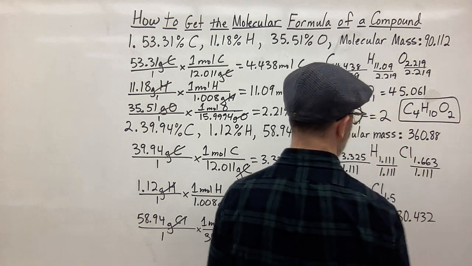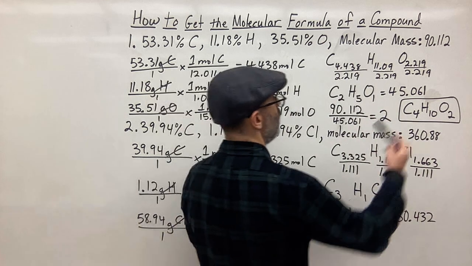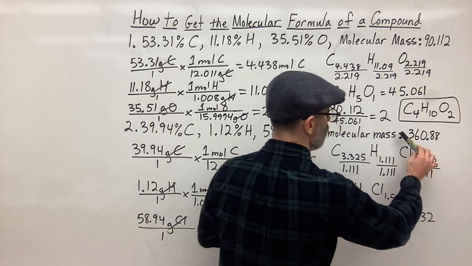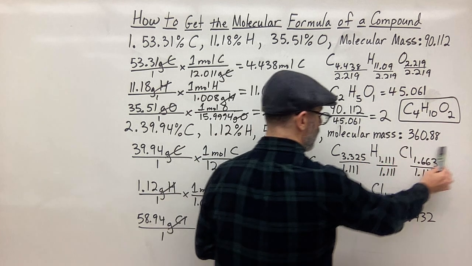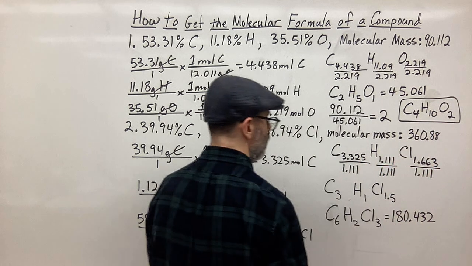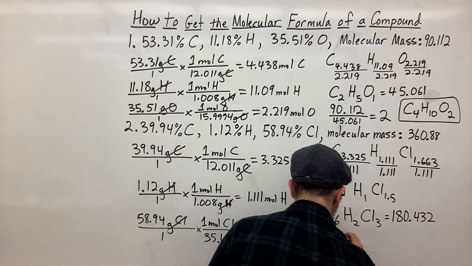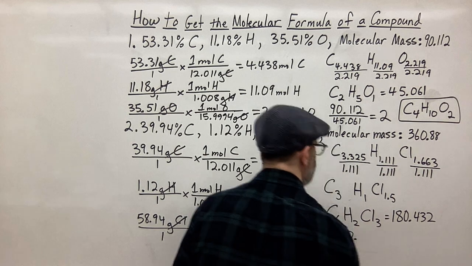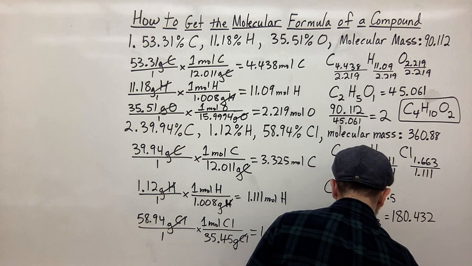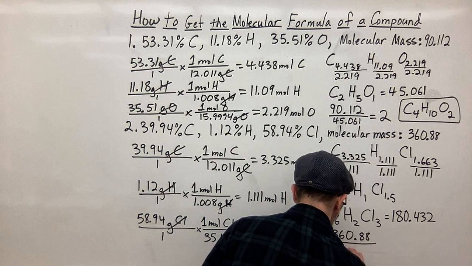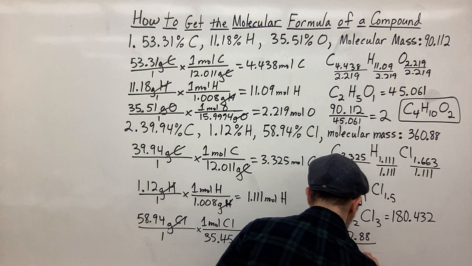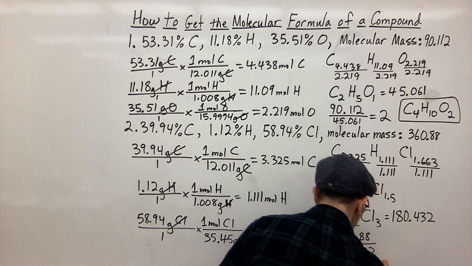Now what we can do is divide the molecular formula mass that they give us, 360.88, by 180.432.